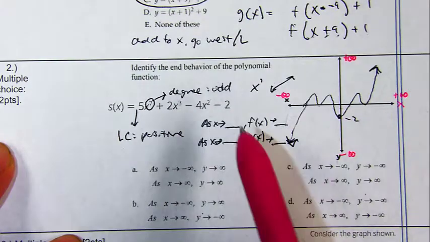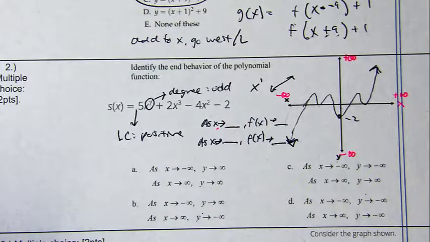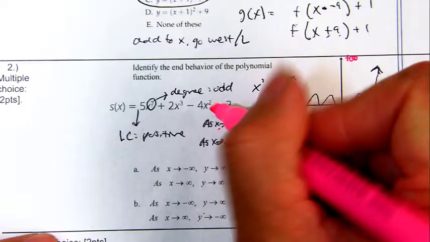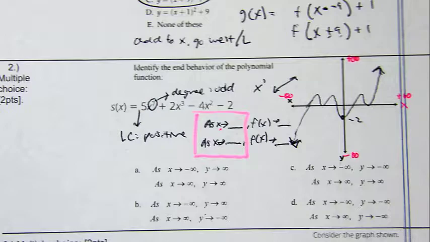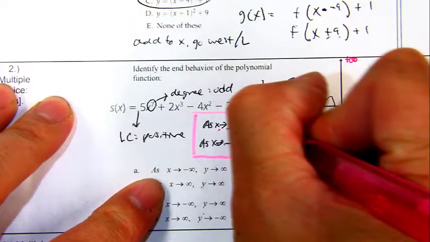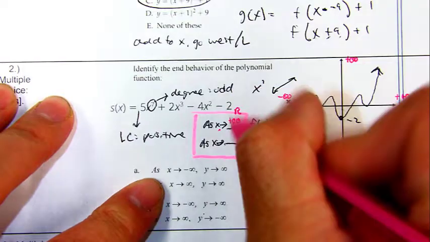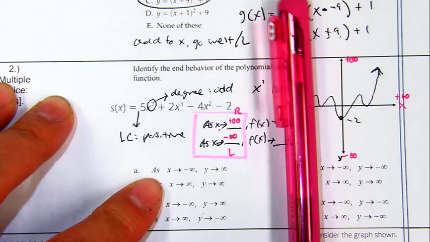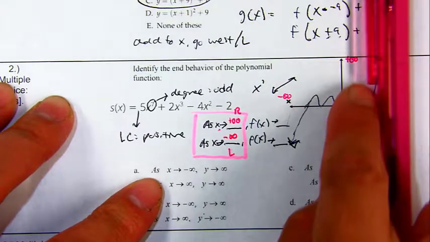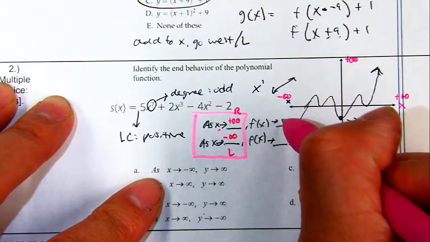So, remember in class we kind of drew a box around this? This pink box is always the same. As you go positive in phase, that's going towards the right, and as you go negative in phase. So you have to test it as you go towards the right. What happens to my graph? It's going up. Up is positive infinity.